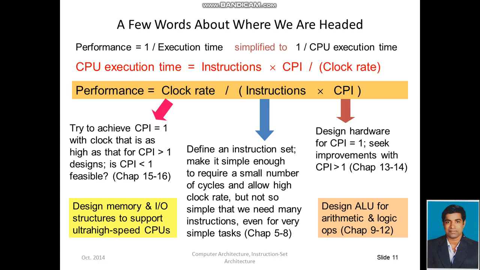Design hardware for CPI equal to 1. Seek improvements with CPI greater than 1. Design ALU for arithmetic and logic operations. Design memory and I/O structures to support ultra high speed CPUs.